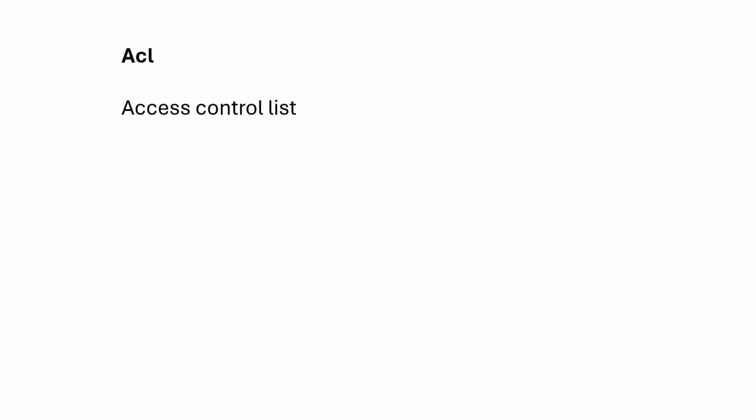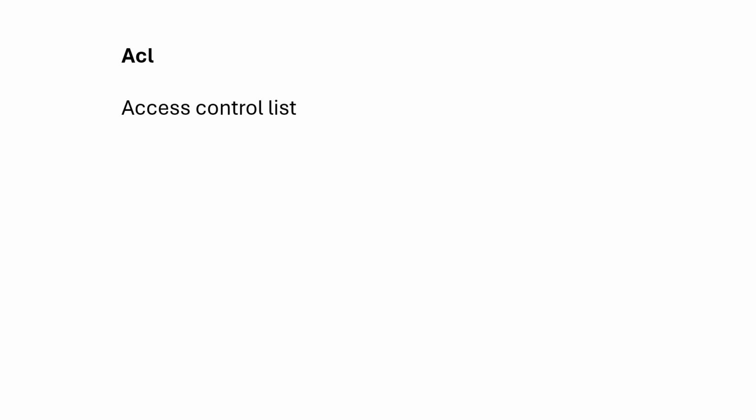Okay. And another topic is ACL, Access Control List. Let's understand it by an example. In a building, there is a guard. If we give the guard a list saying that a person of this name should not leave this building, or a person of this name should not enter the building, what would happen? The person would not leave or enter the building.